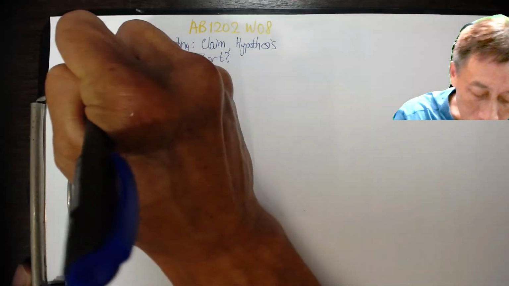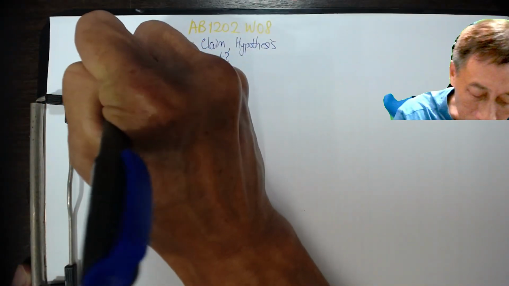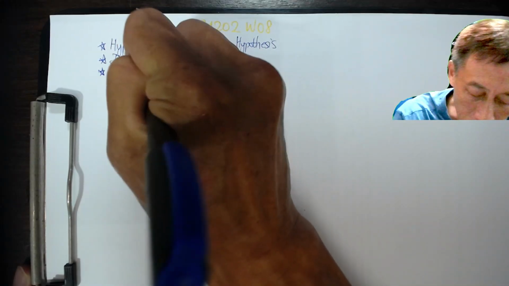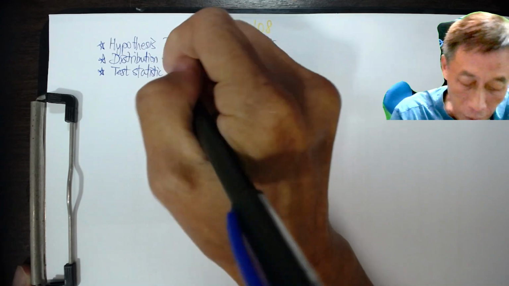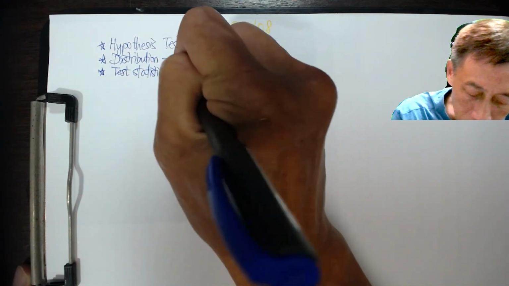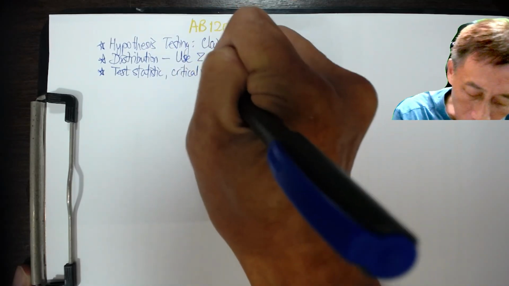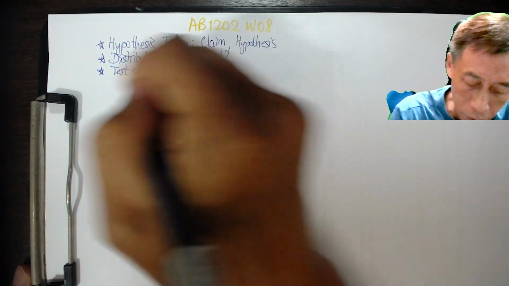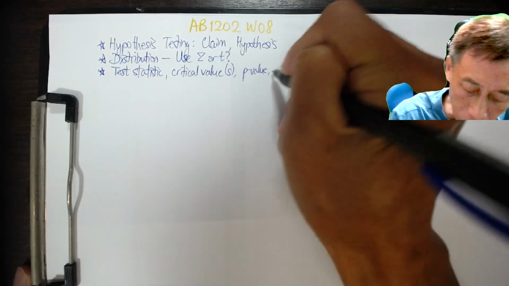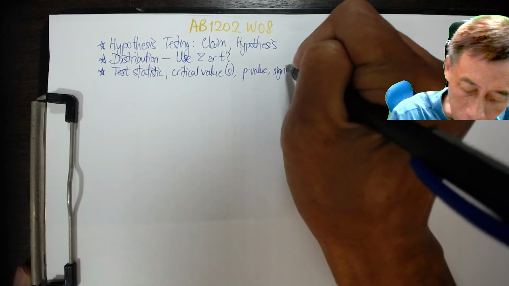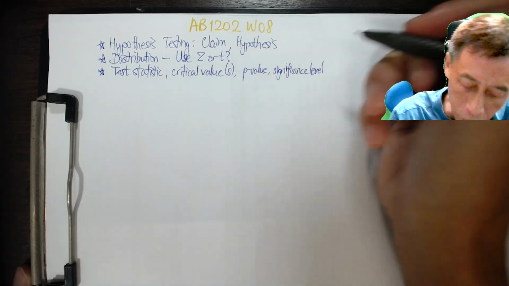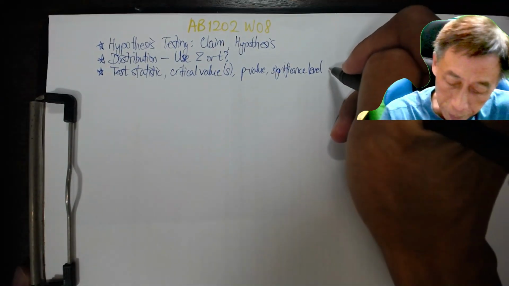Then we want to talk about test statistic. Again, a very important component. The idea of test statistic, critical value or values, then p-value, and significance level, alpha.